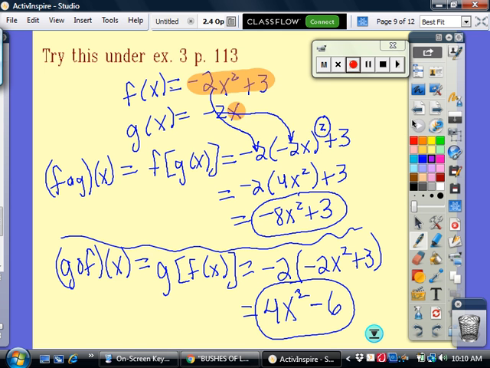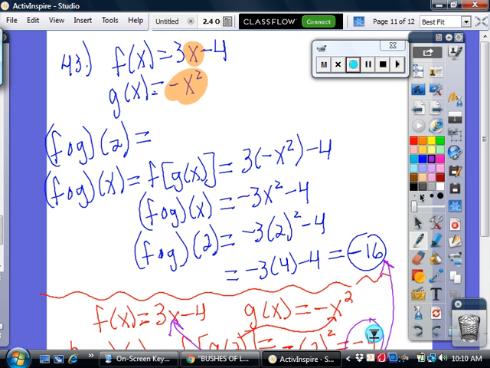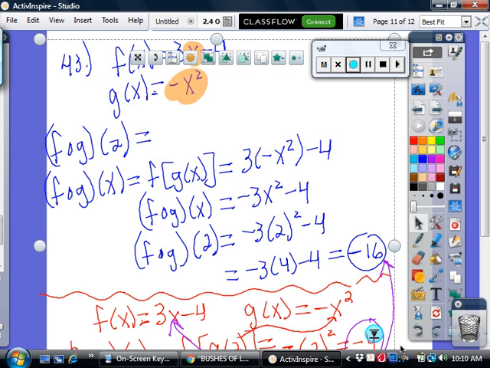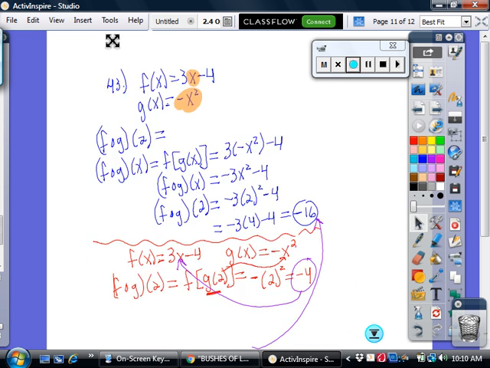Ask me a question. On 29 through 34, you're just doing like this problem right here. You're finding f∘g or g∘f. On 35 through 38, you can do it either of these ways. Let me squeeze that up so you can see it all at one time.